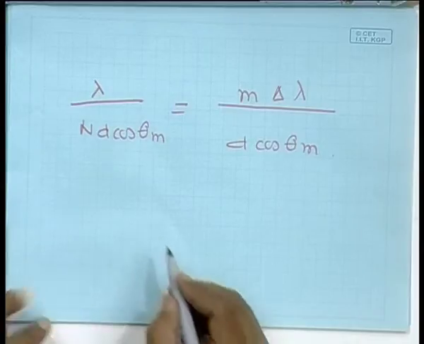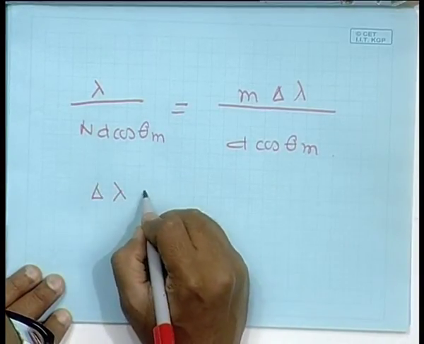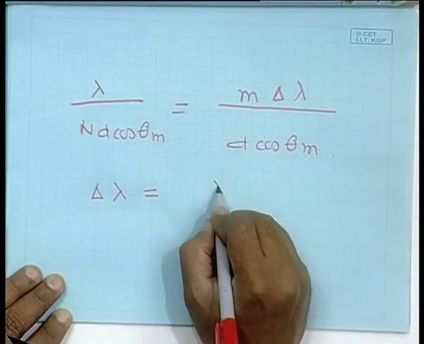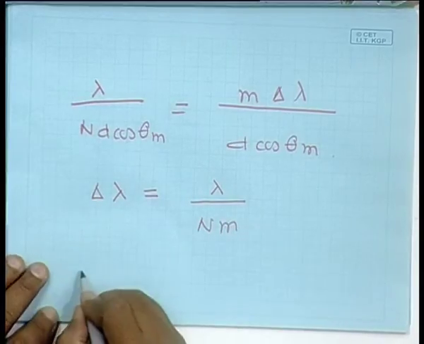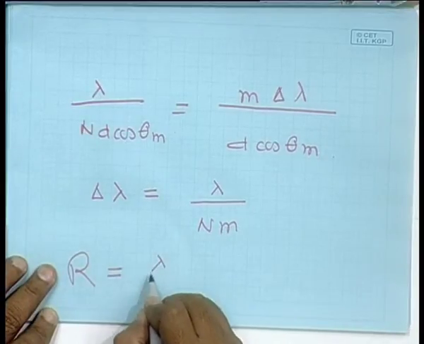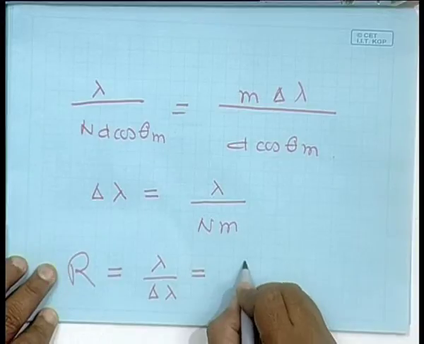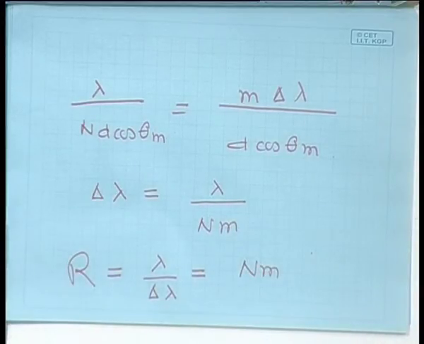So, what it tells us is that delta lambda is equal to lambda divided by n m, or lambda by delta lambda equals n m. So, this is how the chromatic resolving power is defined.